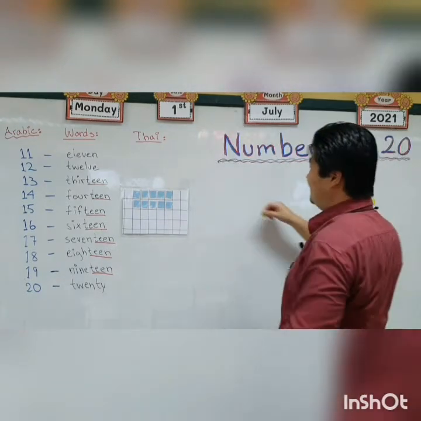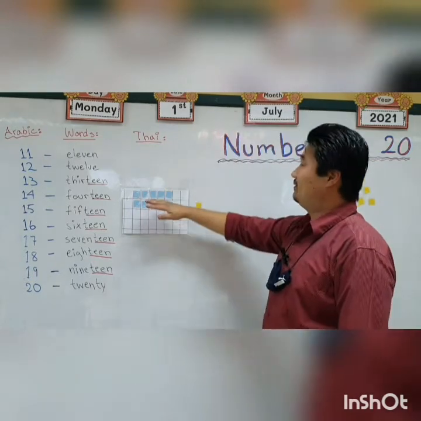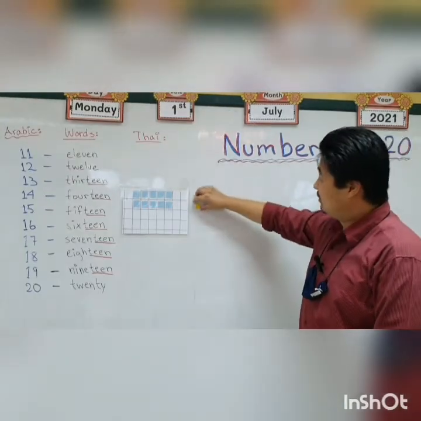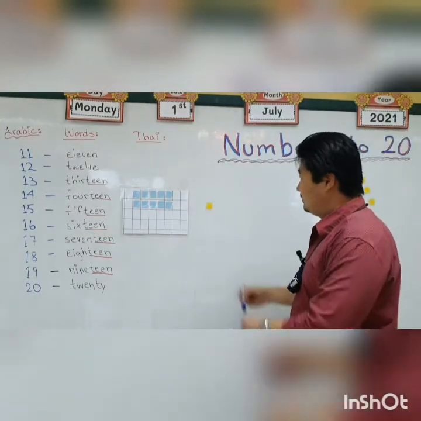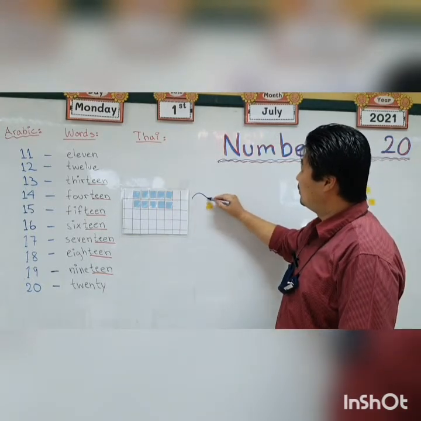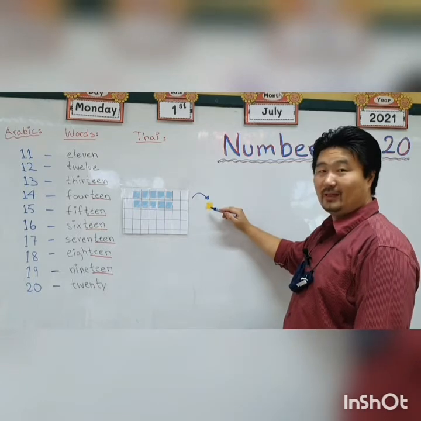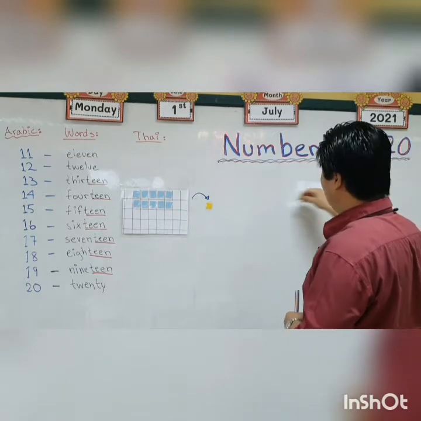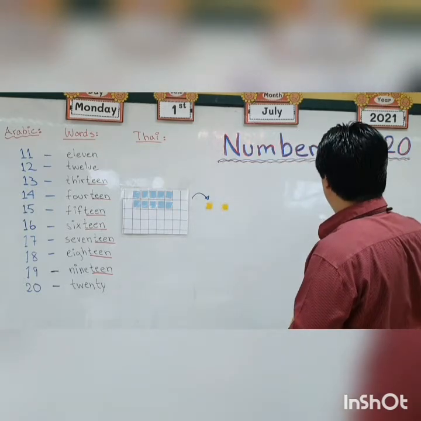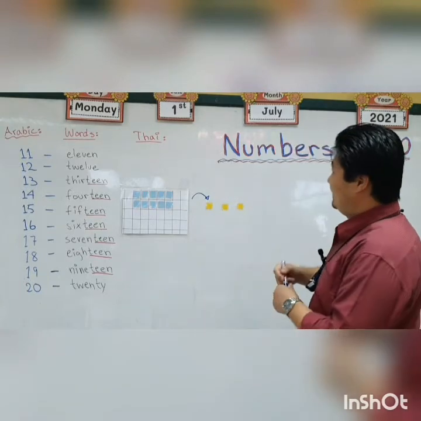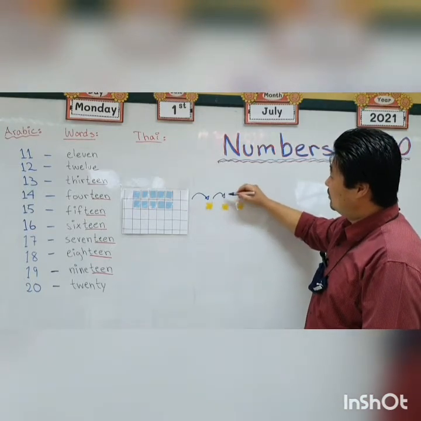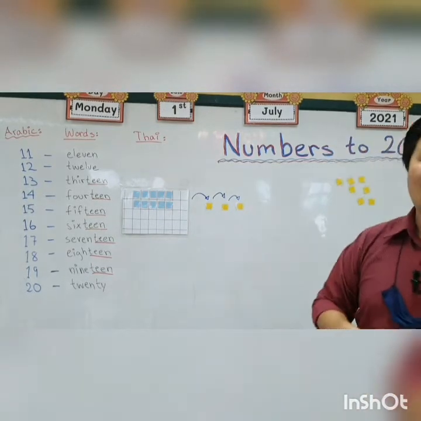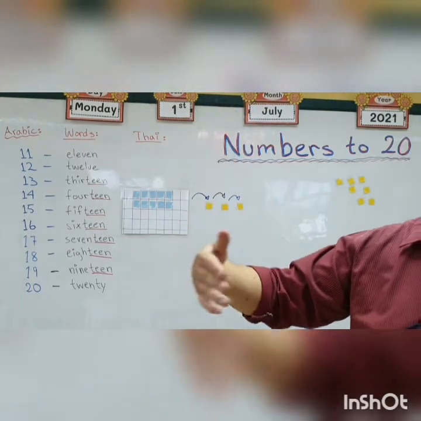Okay, so you have 10 already, and then we add one more, so we count on. So 10, and then we count on. 10, what is that? 11. Good. And let's keep going. 11, and then we keep counting on. 12, 13, and after that you can count on even further.